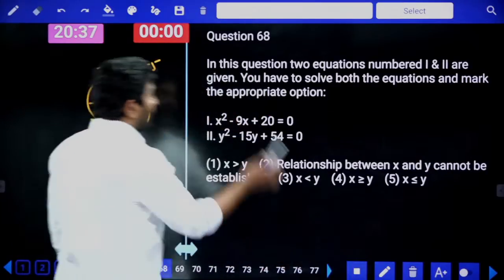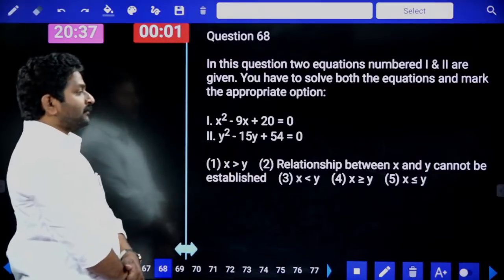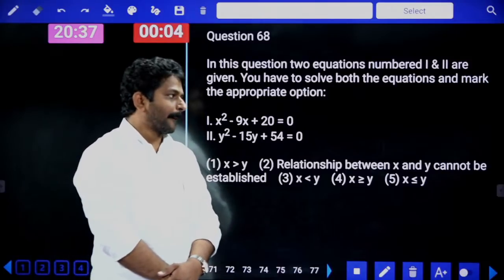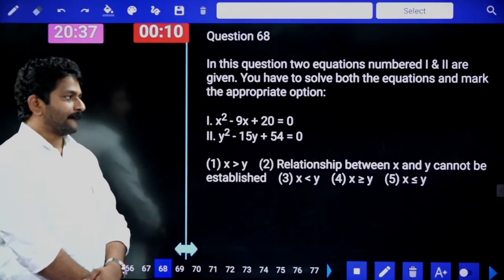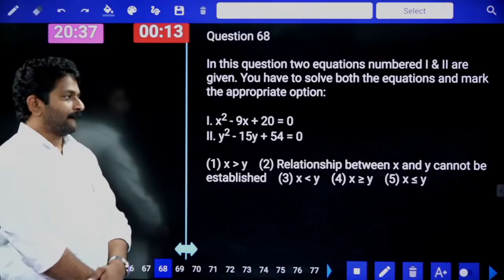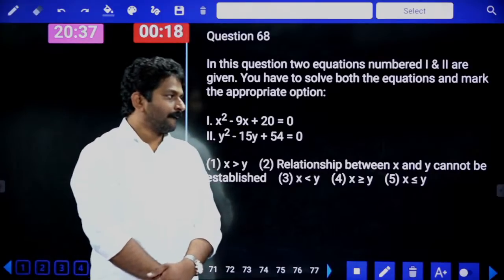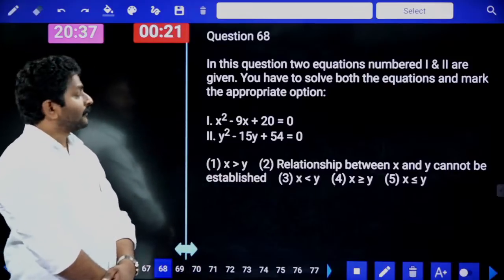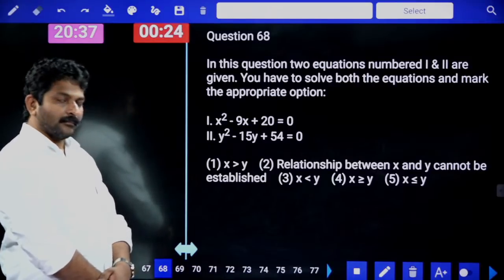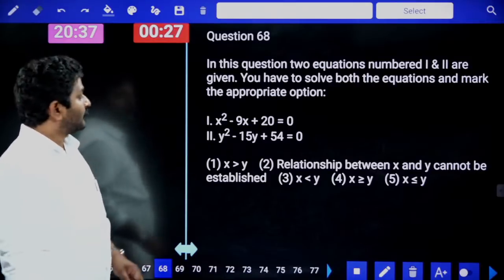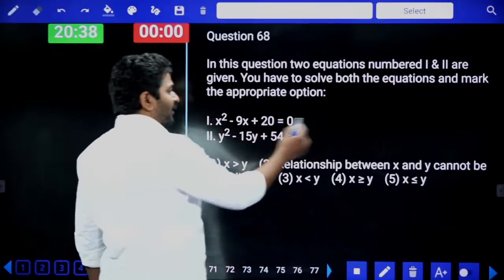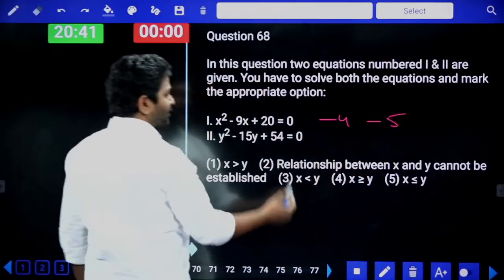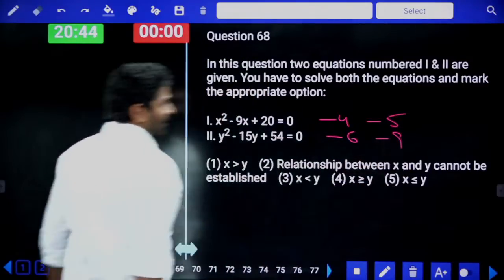Yes. And here is your next question. Right, product is 4 and 5, minus 4 minus 5 is the combination, and 6 and 9, minus 6 minus 9 is the combination.